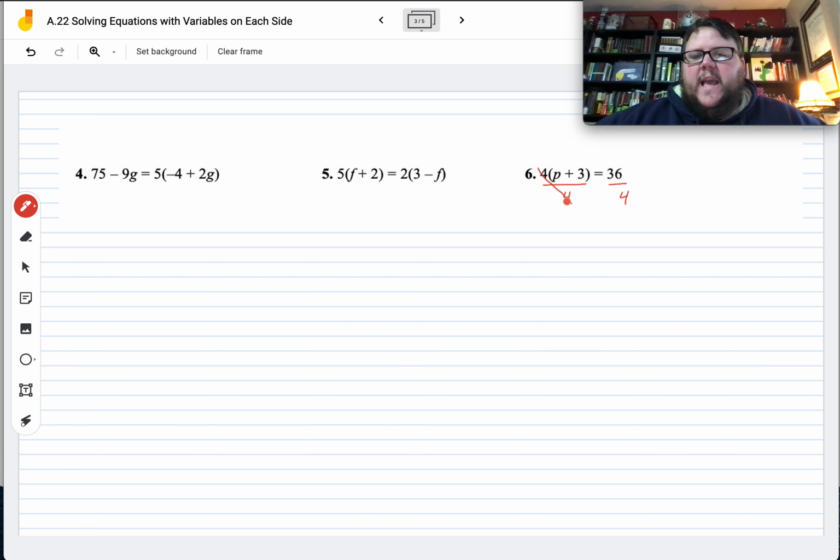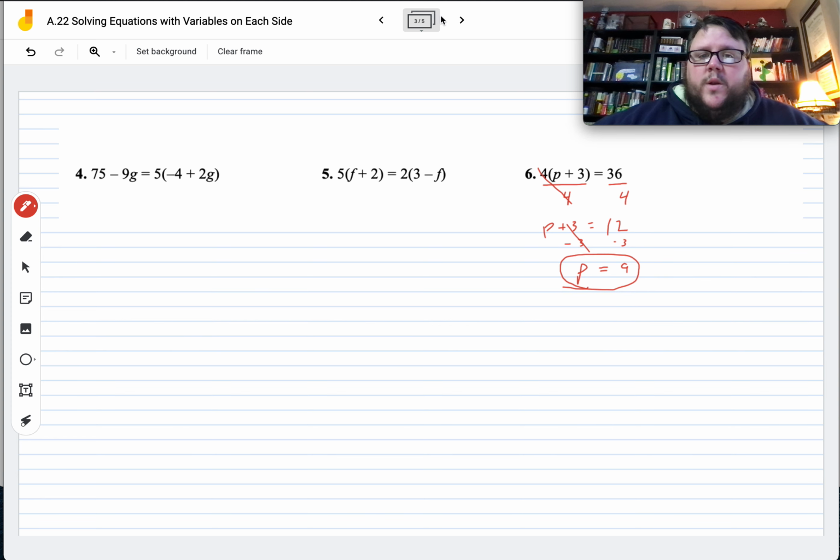My 4's would cancel, and I'm left with p plus 3 equals 36 divided by 4 is 12. And then I'll finish it for you because it's simple from here. Subtract 3 to both sides, you get p equals 9.